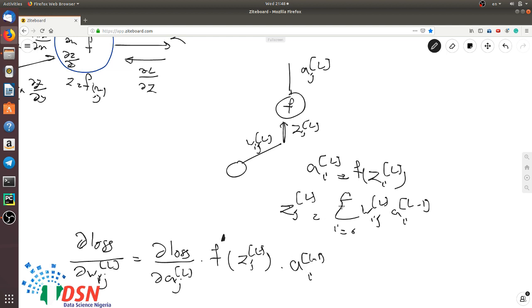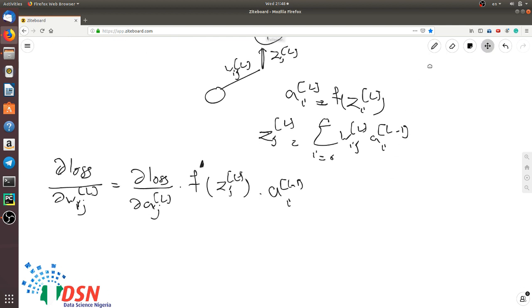Okay, and we sometimes call it sensitivity and show it with delta j of layer L.